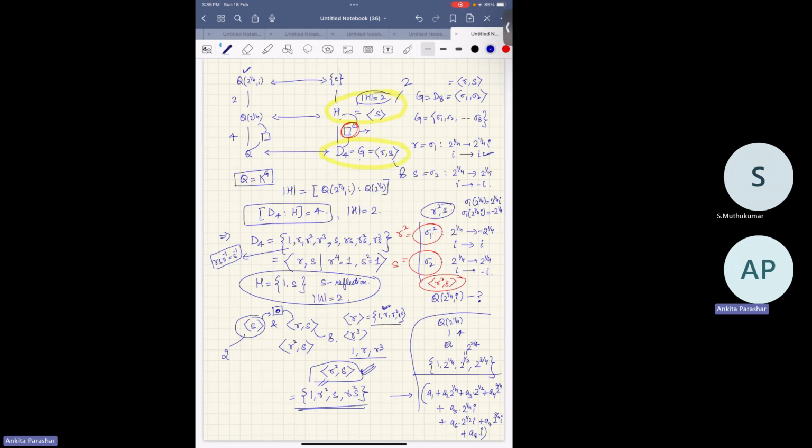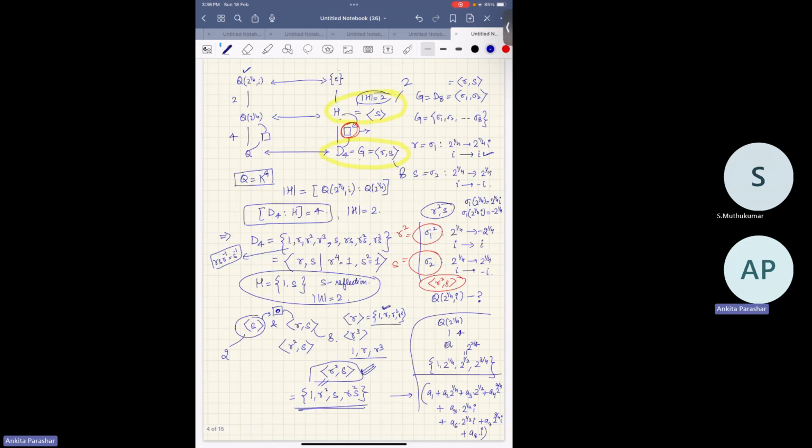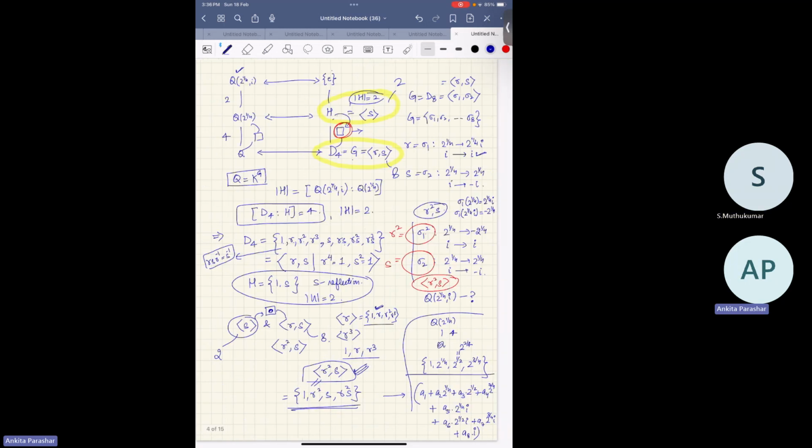Should I repeat anything that you want? It's okay, madam. One should be thorough with the dihedral group. Yeah, one has to look at the group itself and its properties. That will be useful.